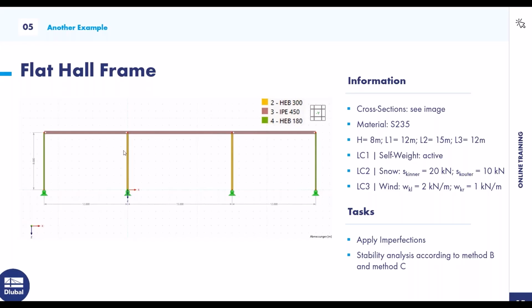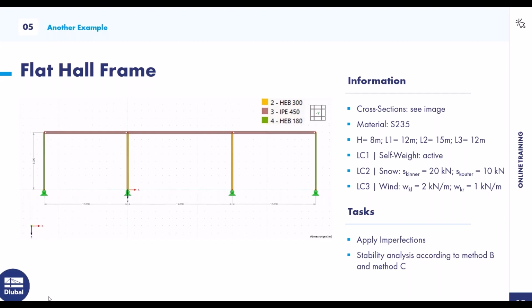So that's all for the introduction. Okay, snow load case, I can show that in the program as well. The tasks for this example are to apply imperfections, and we will do a stability analysis according to method B and method C. I start with method C without imperfections, and then I turn to method B, where the imperfections are necessary.